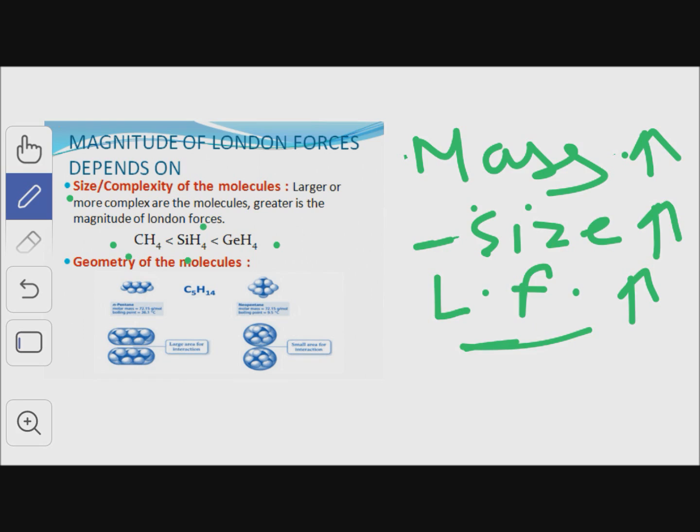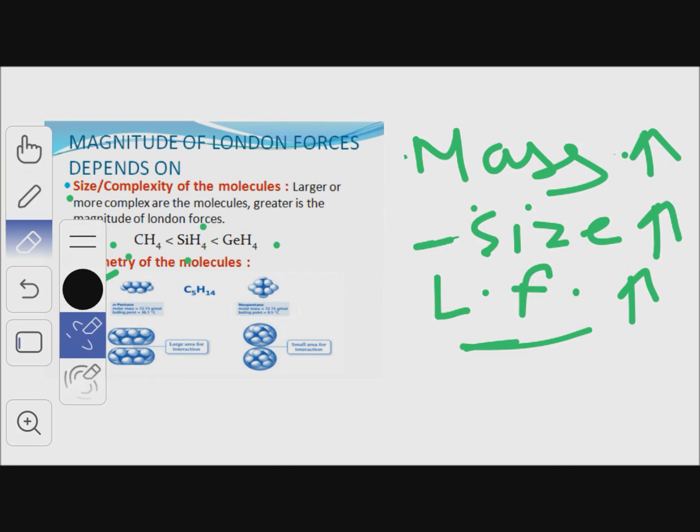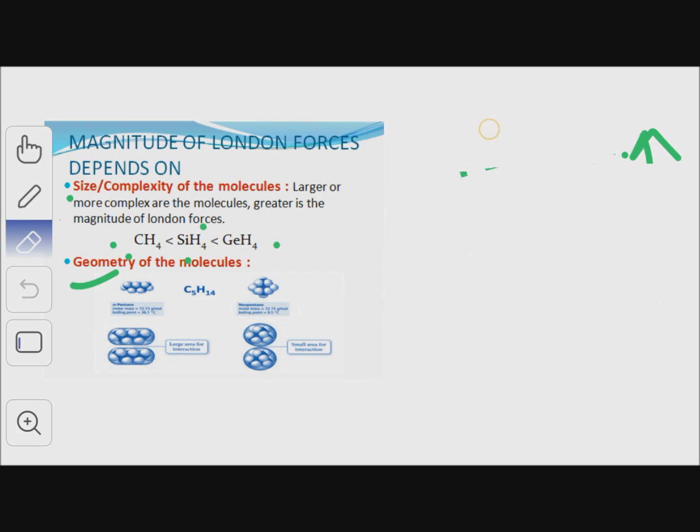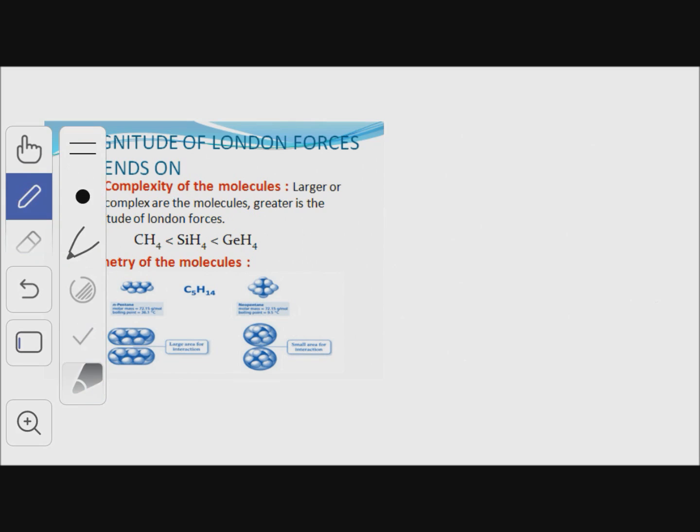And the next factor is geometry of the molecule. In geometry of the molecule, the shape of the molecule matters. The larger the molecule, the larger are the London forces.